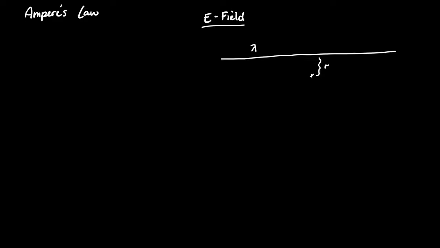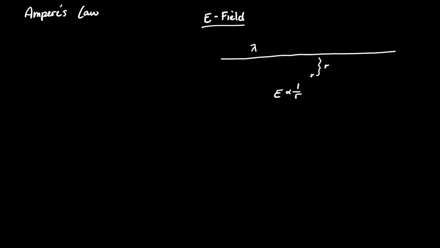So this is the infinitely long charged insulator. And it should be noted that what you're looking at here is something that's proportional to 1 over r. Get the constants right, and you'll be okay. You know, the point charge is 1 over r squared. The bar is 1 over r.